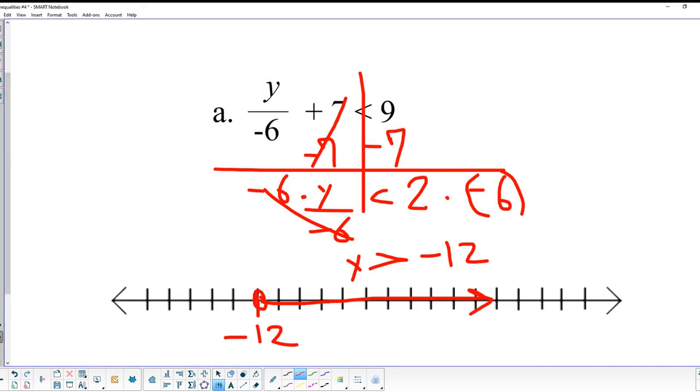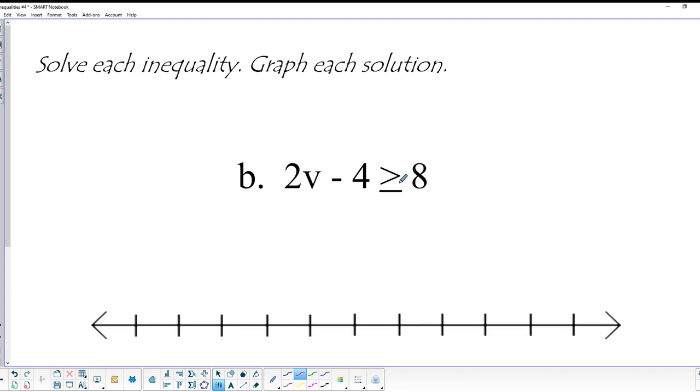All right, let's try a couple more. In this particular problem, I already know that the number in front of the variable is positive, so we are not going to flip out on this problem. We just go ahead and solve it. Plus 4 to both sides, and we end up with 2v is greater than or equal to 12.